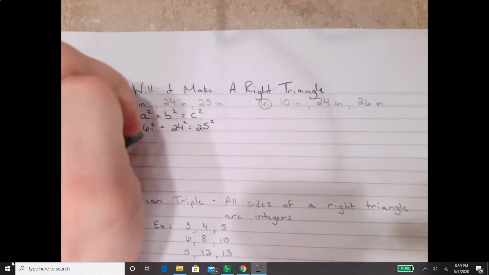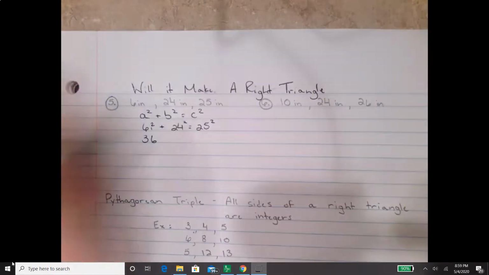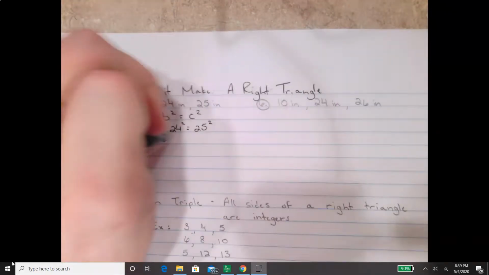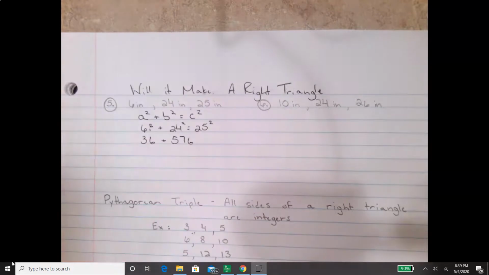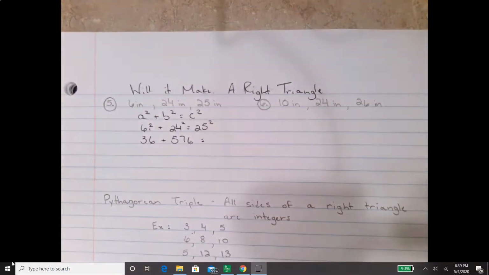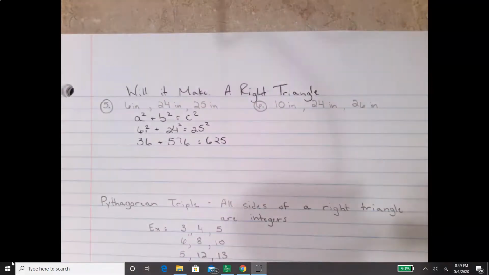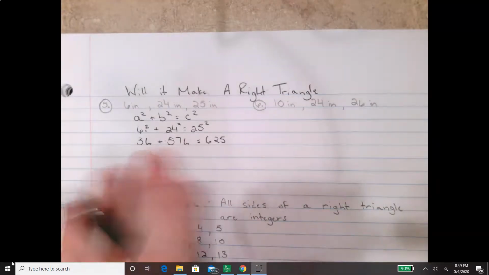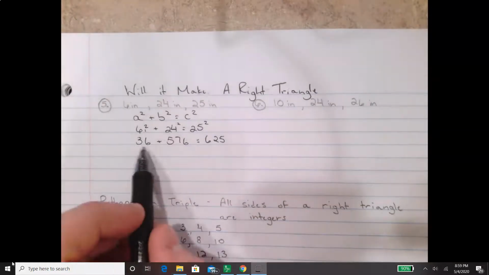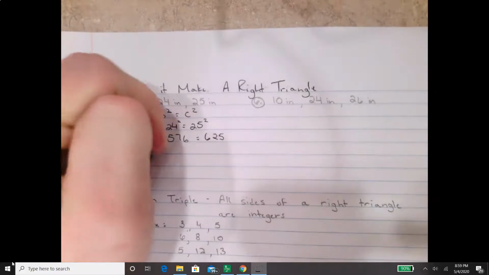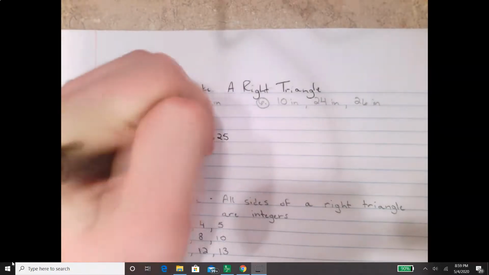So 6 squared is equal to 36, plus 24 squared, which is 576, which is equal to 25 squared, which is 625. Last step, I just want to simplify here. So I'm going to combine like terms on the left. I'm going to take 36 plus 576, and when I add those together, I get 612.